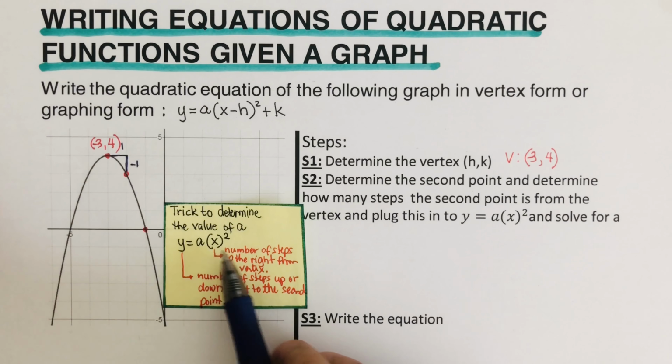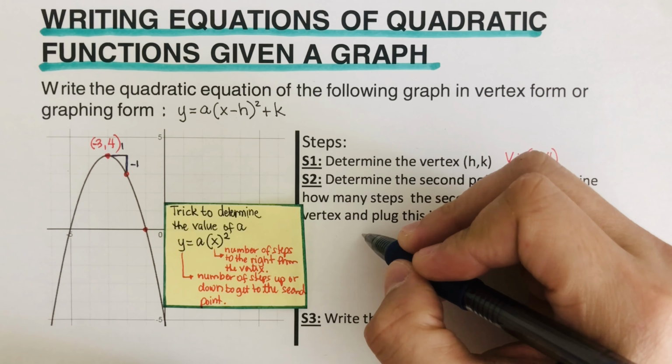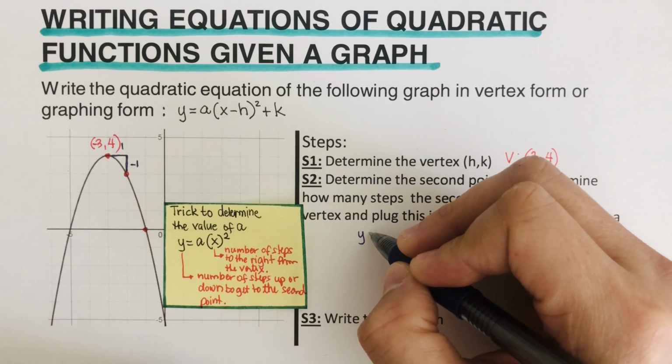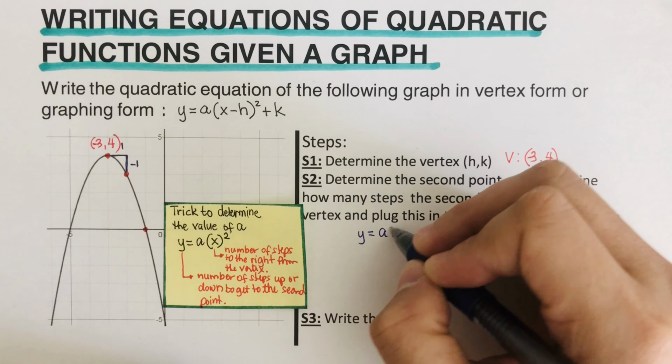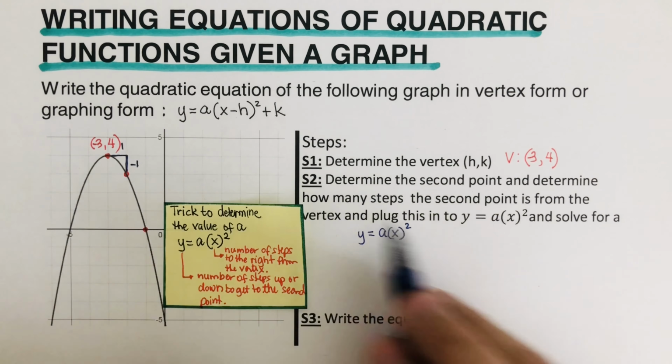So we use this equation right here, and I'm just going to write it up here. y equals a times x squared, and we're supposed to solve for a. That's the target for the second step.